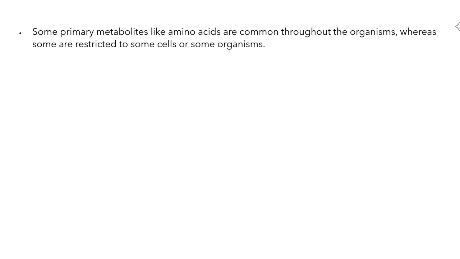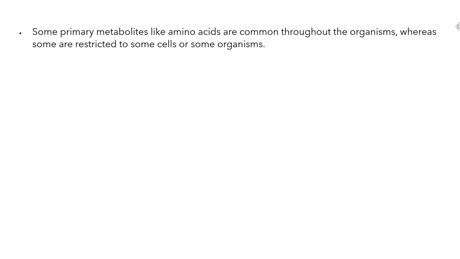Some primary metabolites like amino acids are common throughout organisms. You can see we have 20 amino acids, and most of these are commonly obtained in all living organisms, whereas some are restricted to some cells or some organisms.